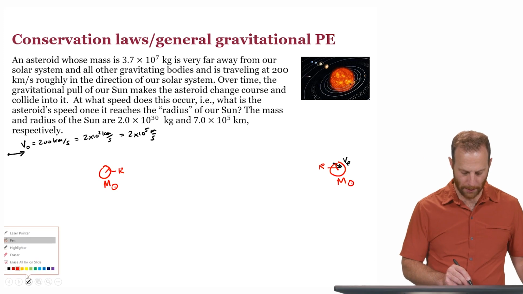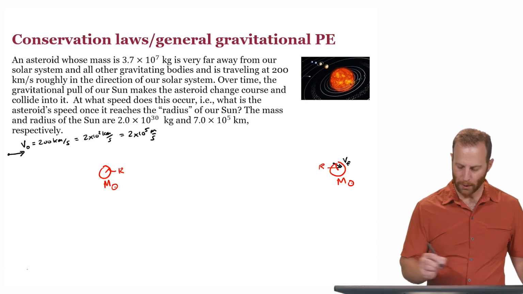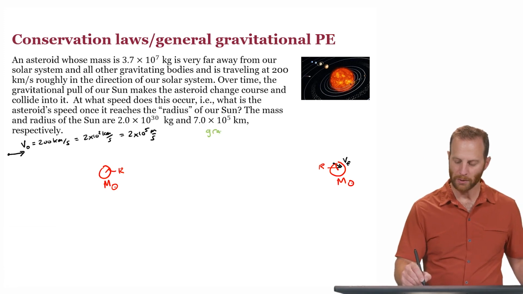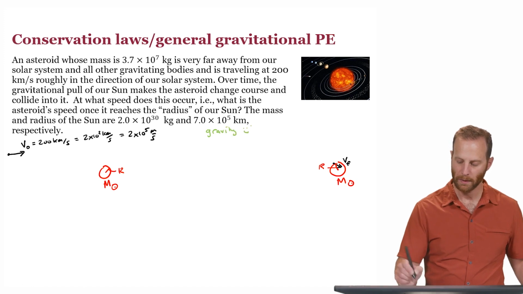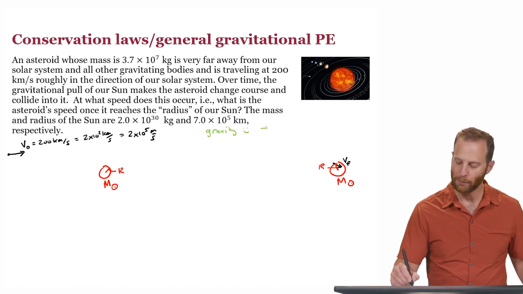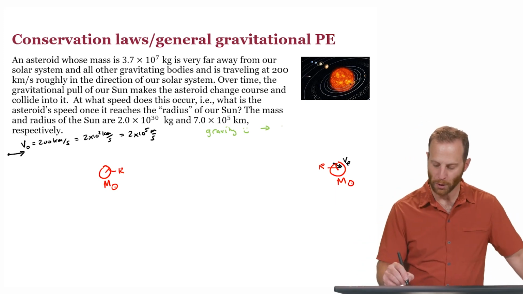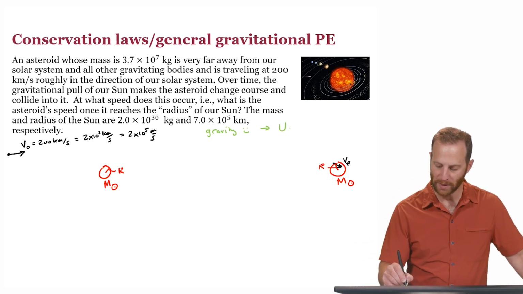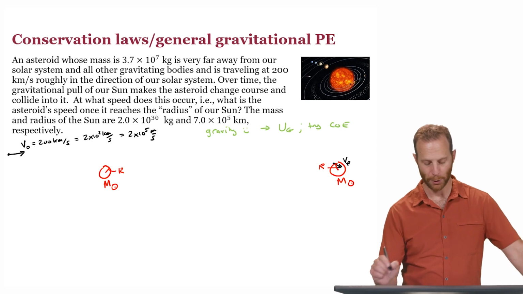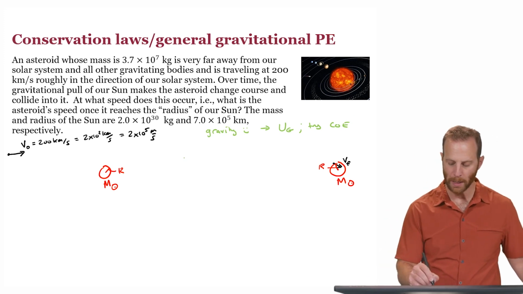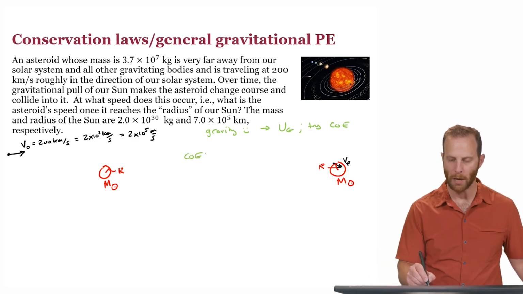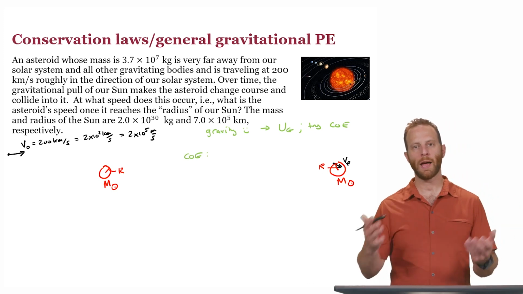So again, because we have just gravity, which is nice, it's conservative, and therefore it has a potential energy. Let's try to use conservation of energy. Now, what does that actually mean? Conservation of energy is a concept that the energy before and after are the same.